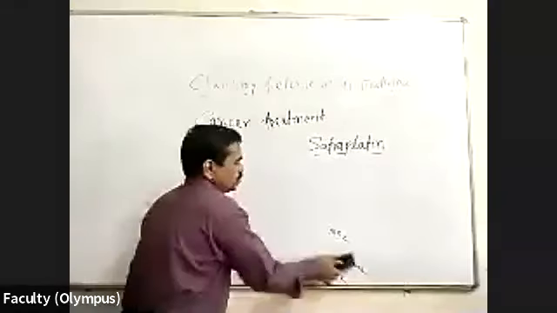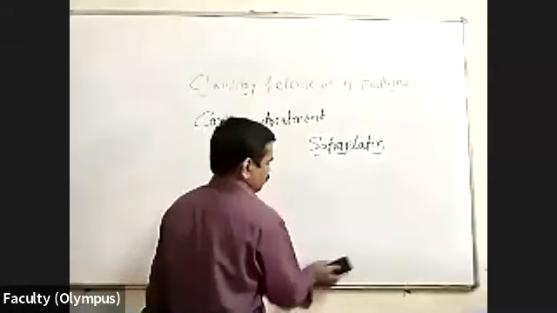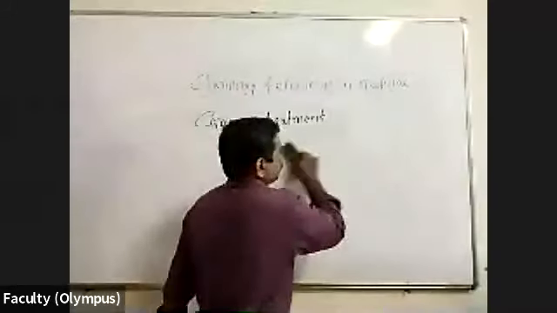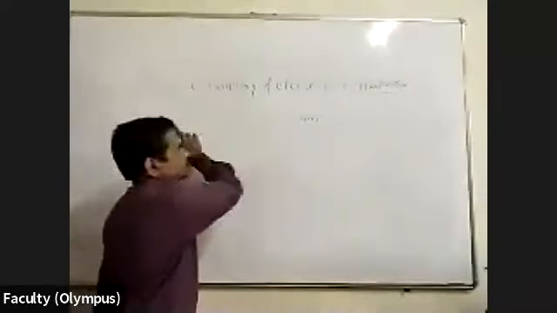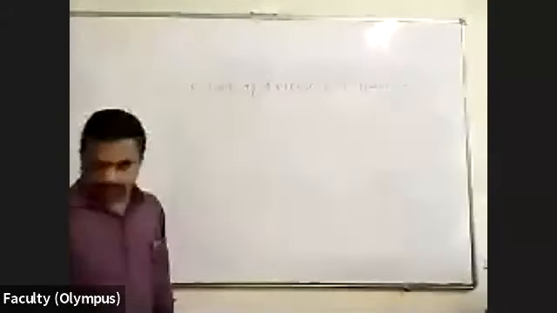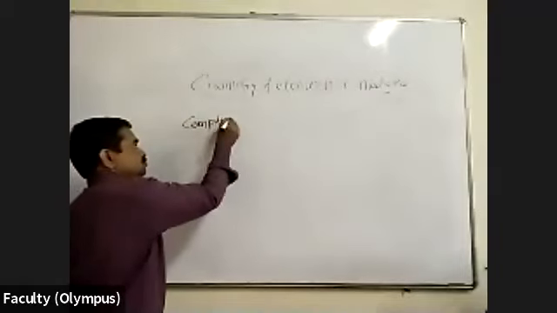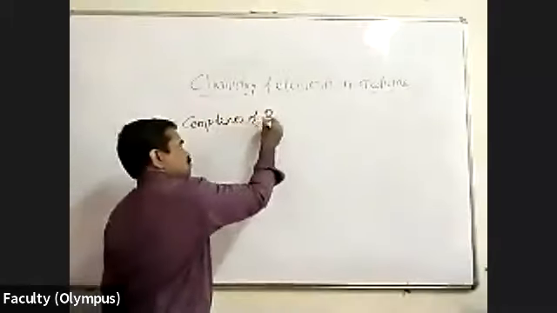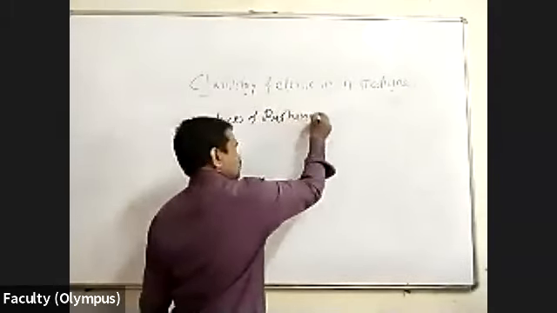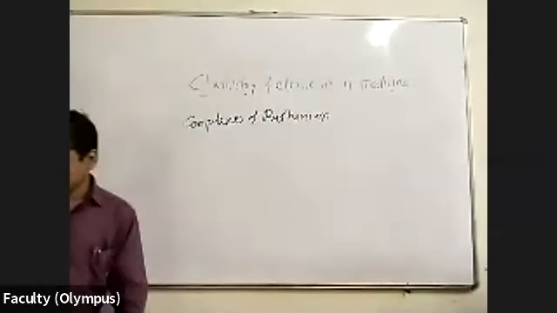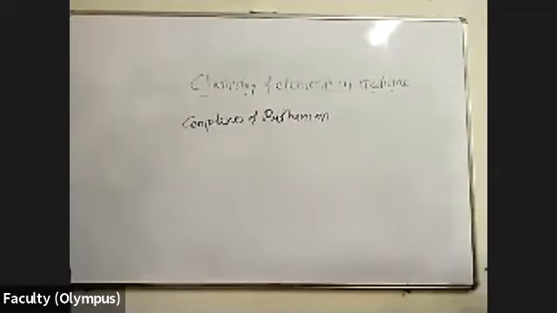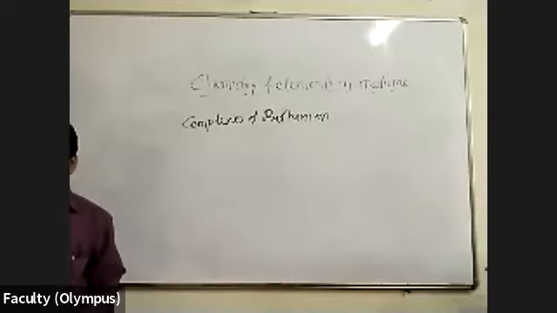Cobalt we use for radio purposes. Complexes of ruthenium. These ruthenium complexes are introduced in the bloodstream by using some iron binding proteins.